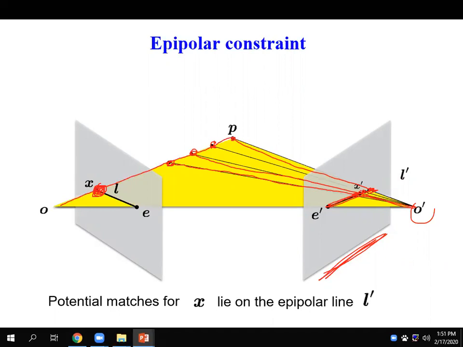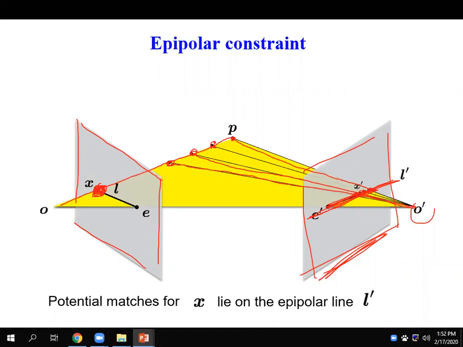Why is that useful? So you showed us right now geometrically that this point in this image plane, if you were to try to search for where it is in this image, I'm telling you a certain particular constraint: it lies only on this particular line, which is called the epipolar line. Why is this useful?